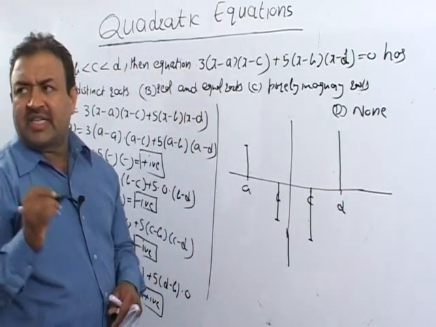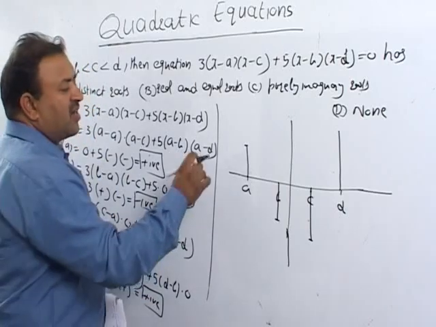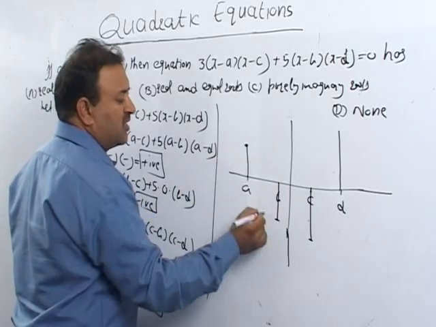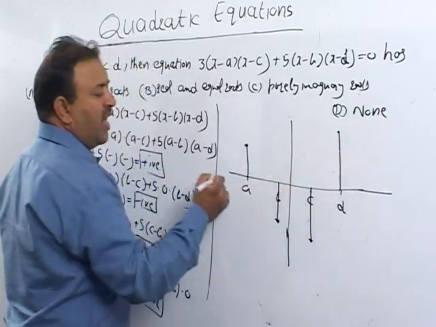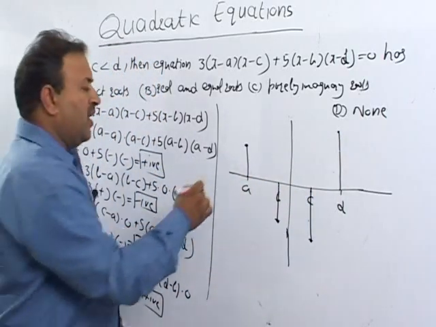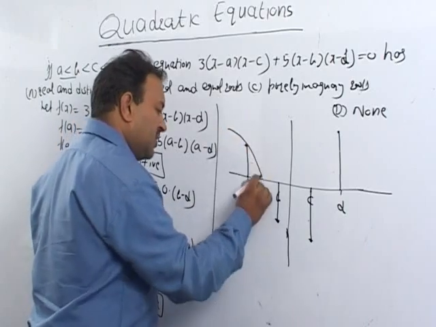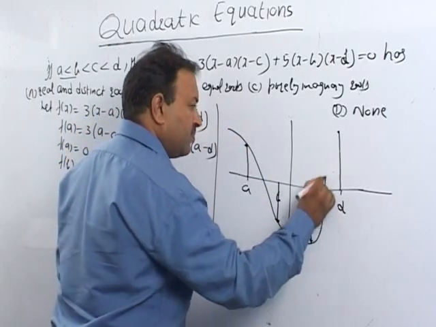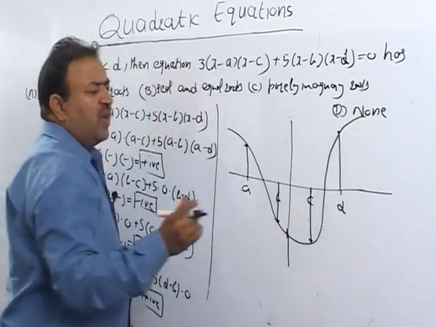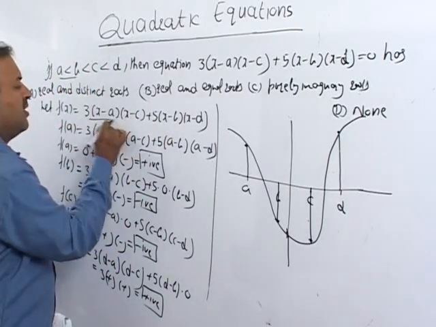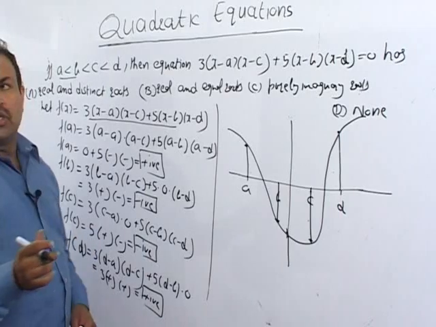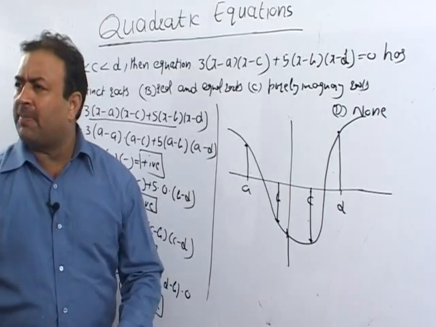So we can say one thing: a curve passes through all these four points. This is the first point, second point, third point, fourth point. If we join these four points, the curve we form, one thing is sure, is a quadratic function. So we are definitely going to get a parabola.